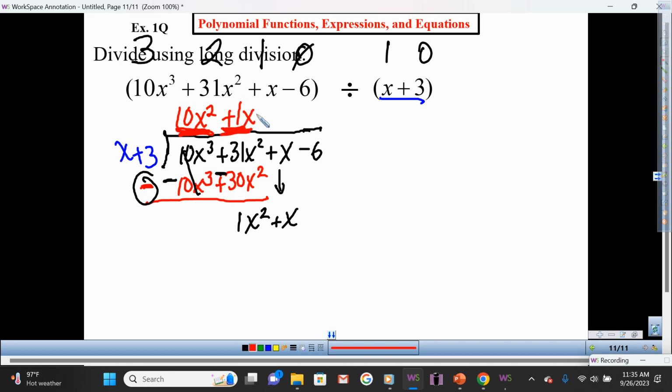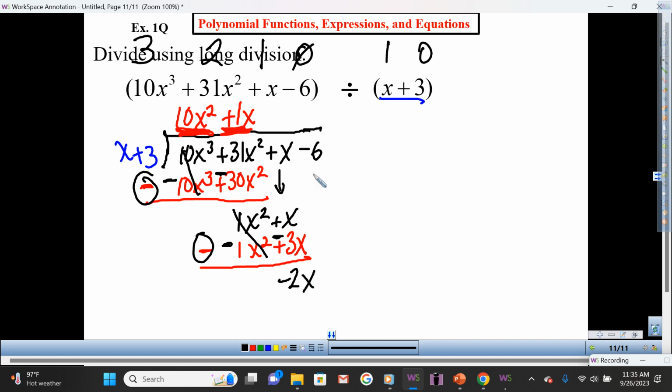Make sure you write out positive 1x. So positive 1x times x is 1x squared. And 1x times 3, that is 3x. We're going to subtract, which means I circle the subtraction, distribute here and here, and I end up with this cancels. Question. What is 1 minus 3x? Negative 2x. That is correct.